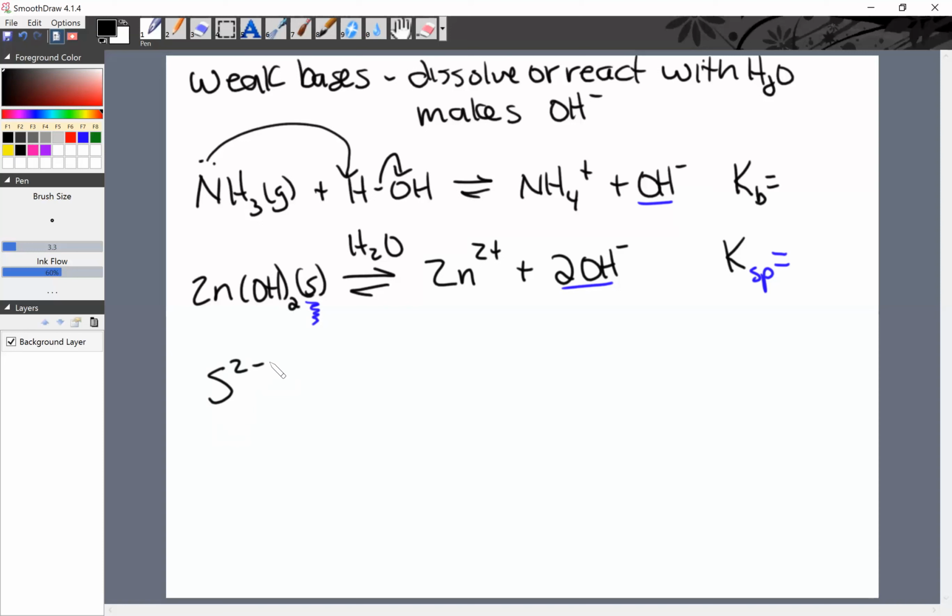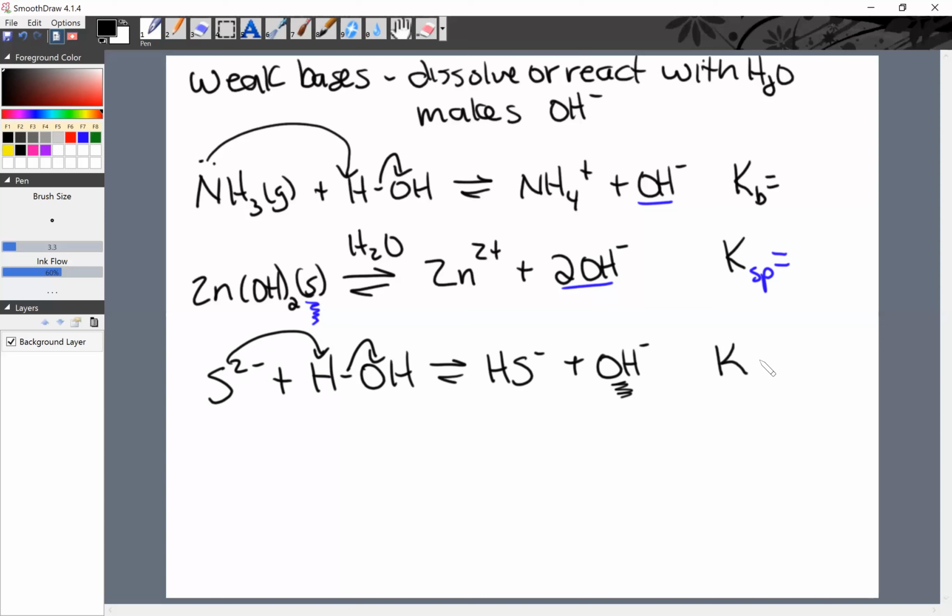All right, sulfur will rip a hydrogen off and it will make HS minus plus hydroxide. So again, it still created a hydroxide. Now, what kind of a K value would this be?